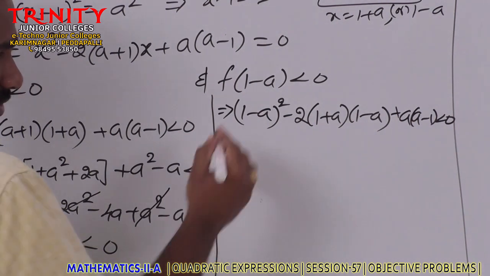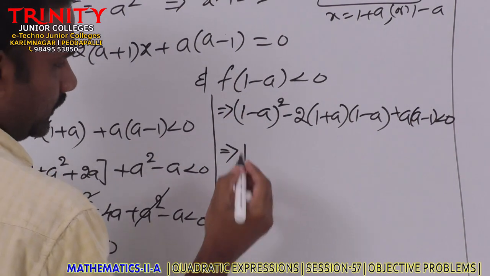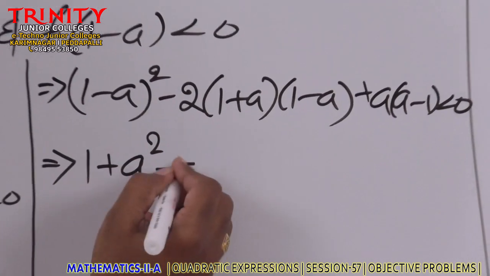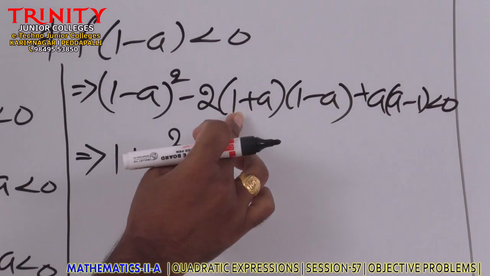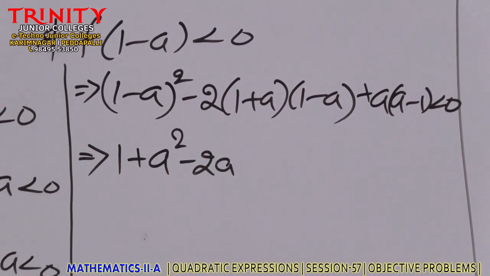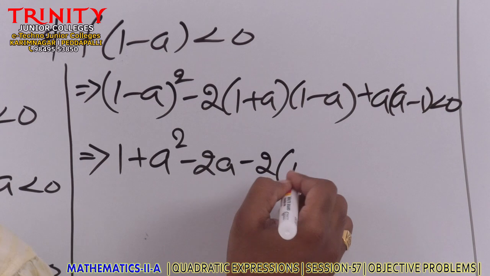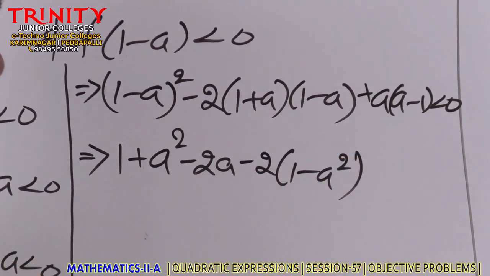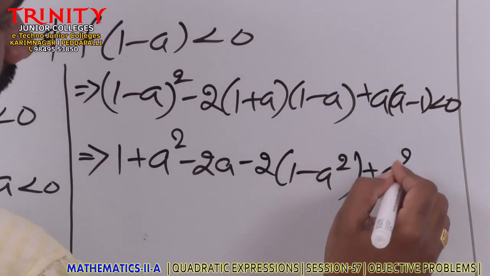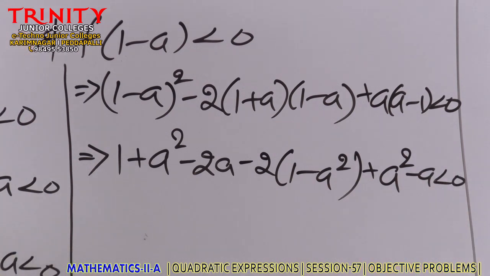Now go for simplification. 1 plus a square minus 2a. This is 1 plus a into 1 minus a, that is nothing but 1 minus a square, minus 2 of a plus b into a minus b, a square minus b square, a square minus a less than 0.